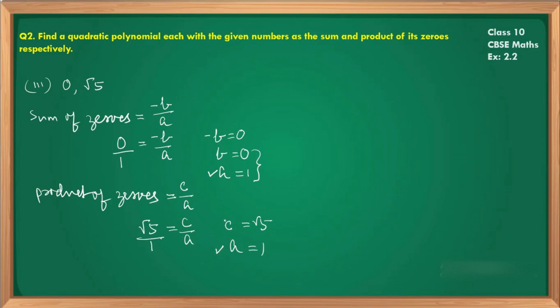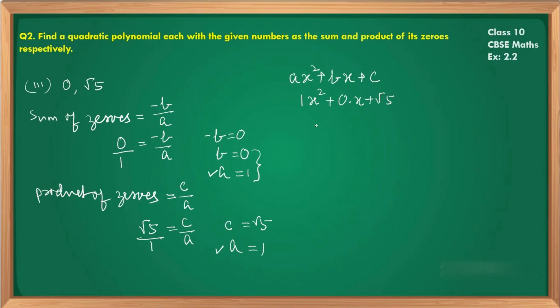So we can form the quadratic polynomial. Let us write down the standard format, that is ax square plus bx plus c. This is the standard and general form of a quadratic polynomial. In place of a you have 1, so that is 1 x square plus the b value is 0 into x plus c is root 5.